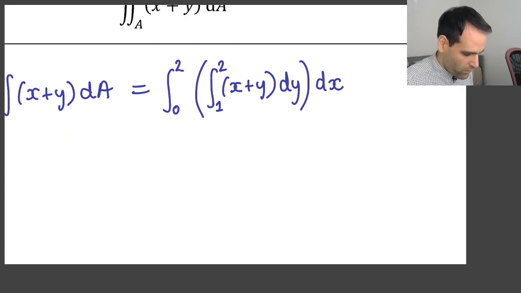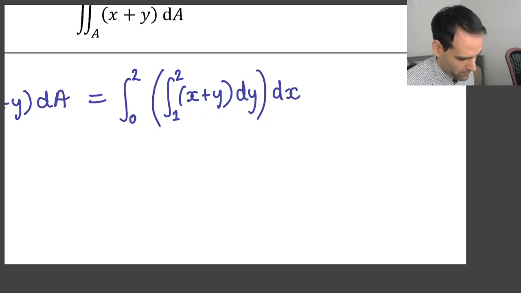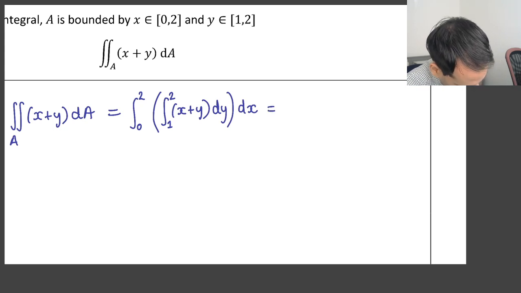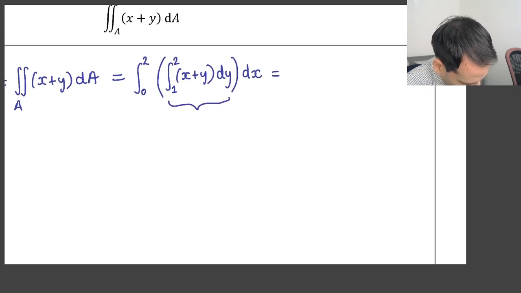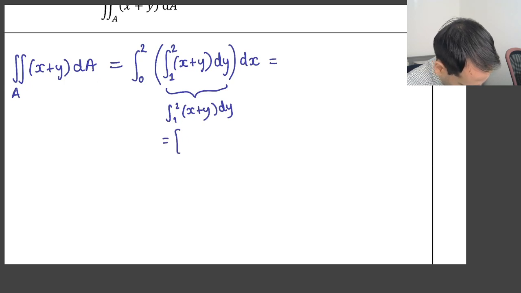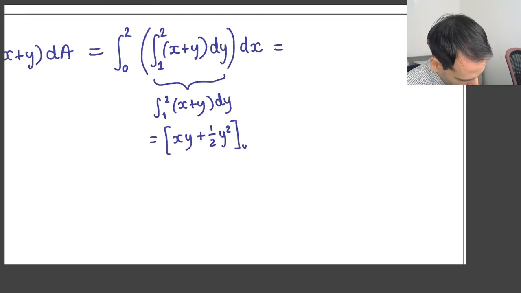Okay, so now I calculate the integral inside. I need to find an antiderivative of x plus y with respect to y, and that's fairly easy. So let me write it here. This is the integral from 1 to 2 of x plus y dy. So this is equal to xy plus 1/2 y squared, evaluated between y equals 1 and y equals 2.